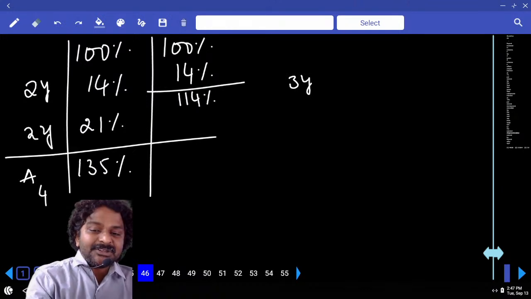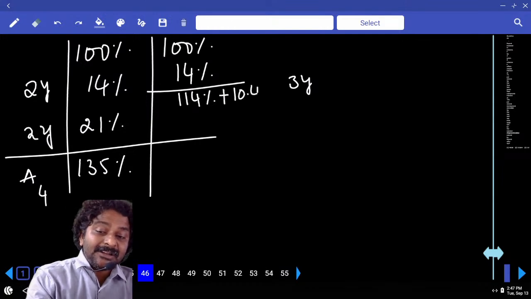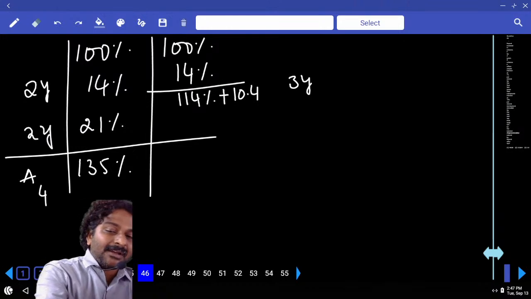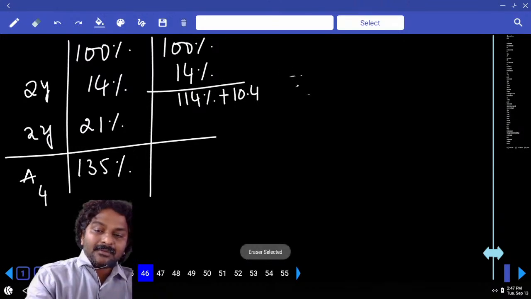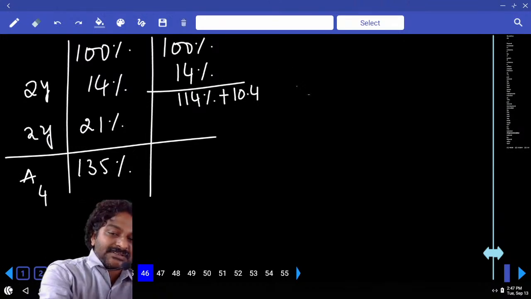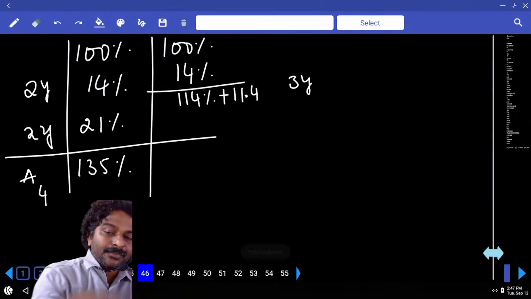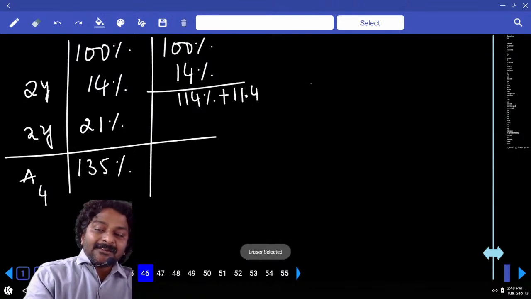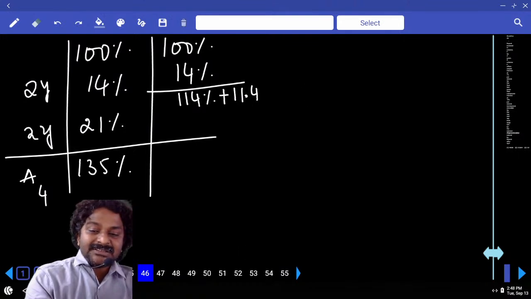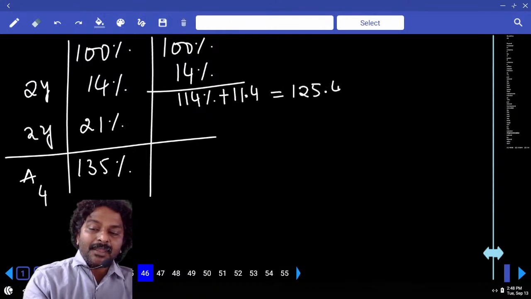Now 10% should be calculated on 114, which is 11.4. So after 3 years, it becomes 125.40.